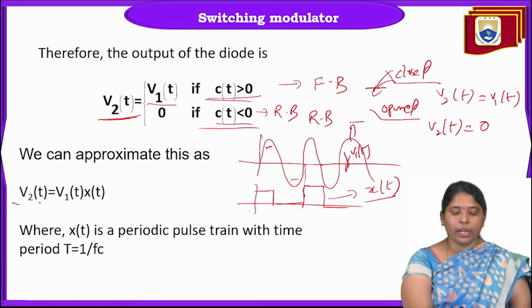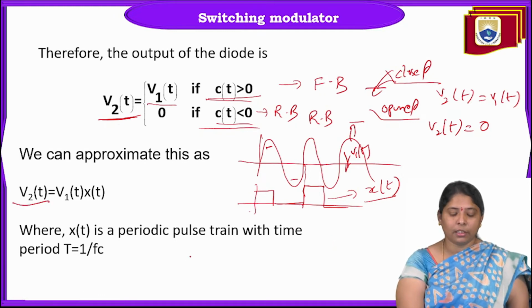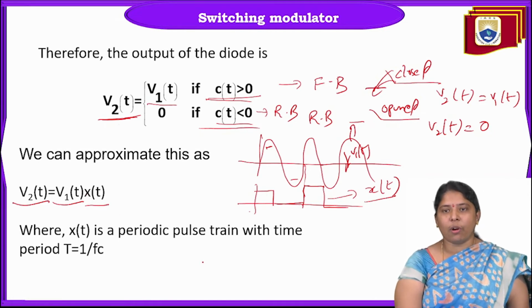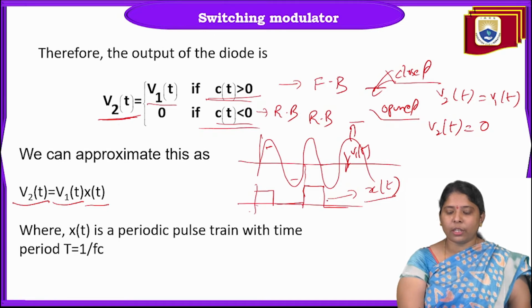Now V2 of t we can approximate as V1 of t multiplied by the switch action. The switch action is controlled by X of t. What is the period of this X of t? The period of X of t is the period of the carrier wave, because the on and off action is controlled by the carrier. So the period of X of t is also 1 by Fc.